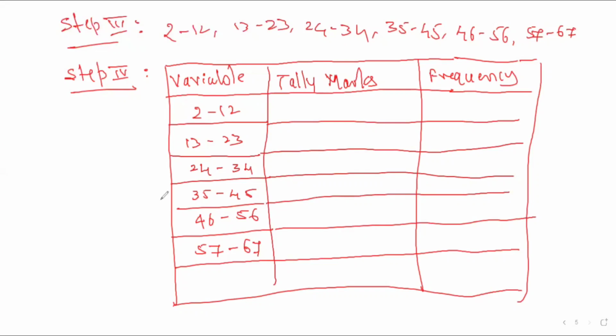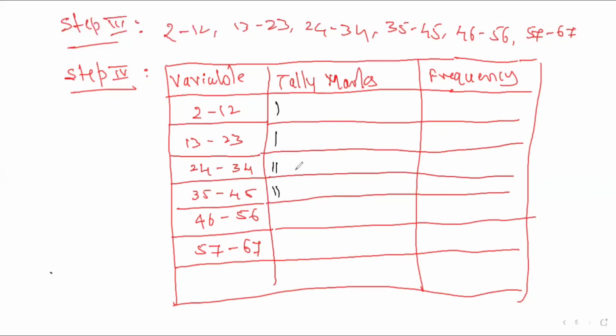Now the first observation is 31. So 24 to 34, here it exists 31. I will change the pen color. Next is 30, which also lies here. Next is 44, which lies in 35 to 45. Next is 6. Next is 42, 42, 42. Next is 13.